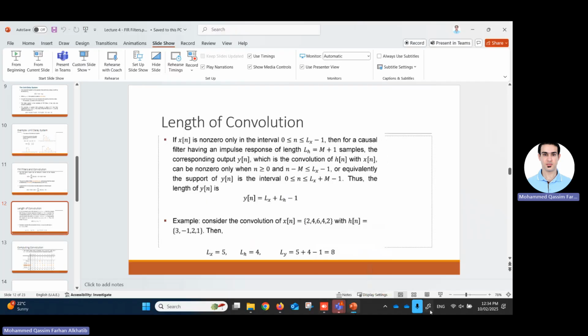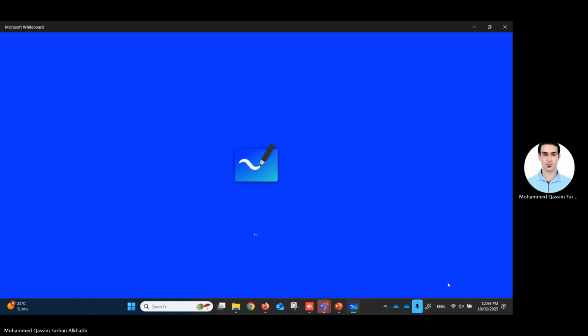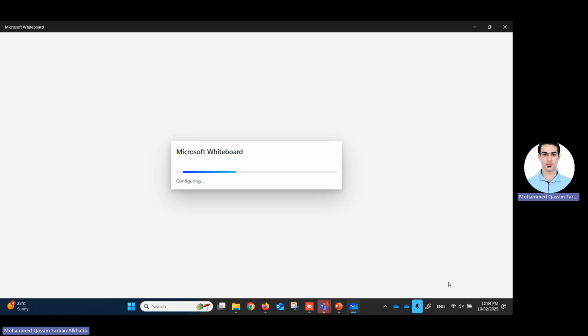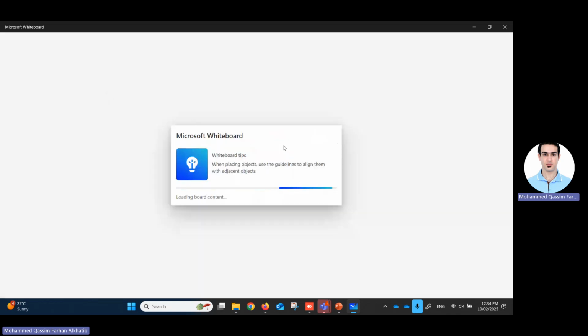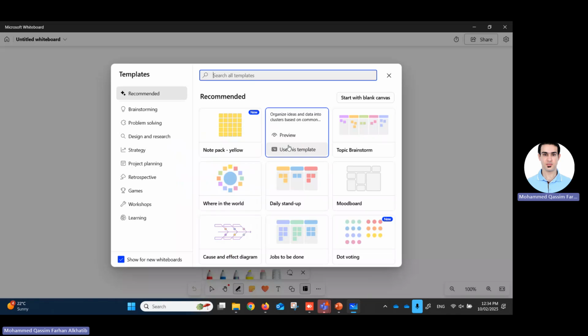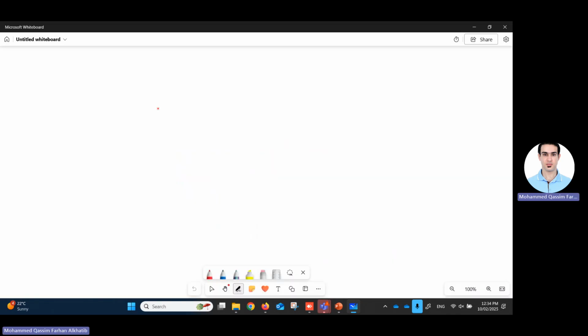So let me open the notes. I will do it the matrix way, because the slides have the other way, the multiply and add way. So the matrix way, basically, I have something like this. This is x and this is h.